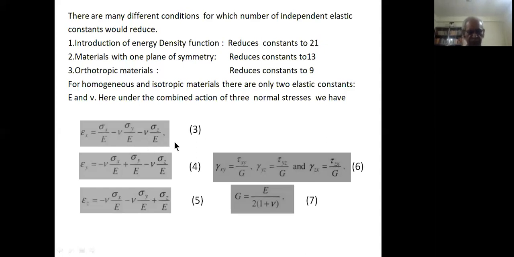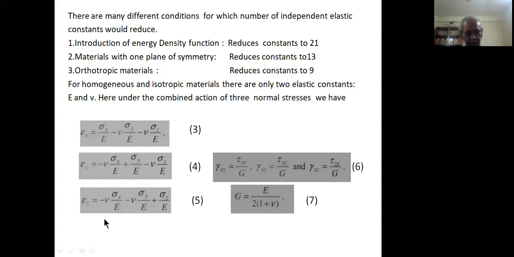These are simple equations which I think are known to all of us. Then we can write epsilon y. For epsilon y, only the positive term will be sigma y by E, and the other two will be negative, that is minus nu sigma x by E minus nu sigma z by E, because they are acting in the opposite direction to sigma y.